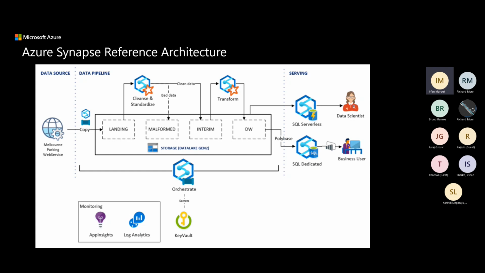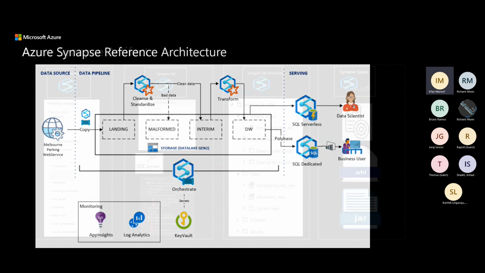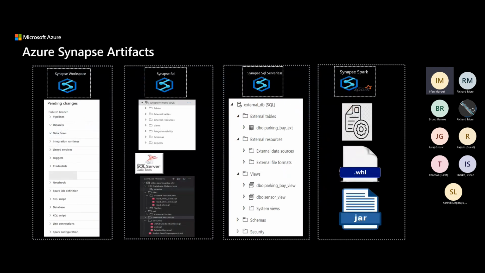It's not exactly the same, because in the Synapse workspace we have more things than in the Data Factory pipeline, but concept-wise it's a similar thing, where you deploy the ARM templates from the dev environment to the test or the production, right? And this is just a different type of artifacts which we can get from these different parts, right?